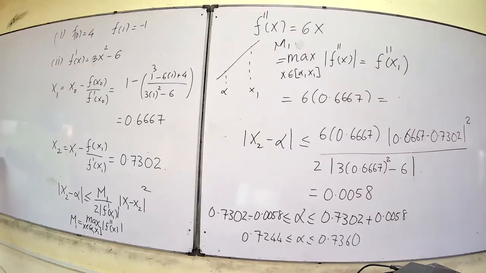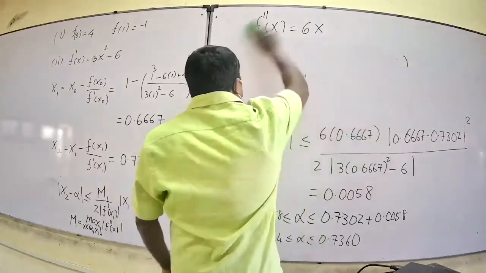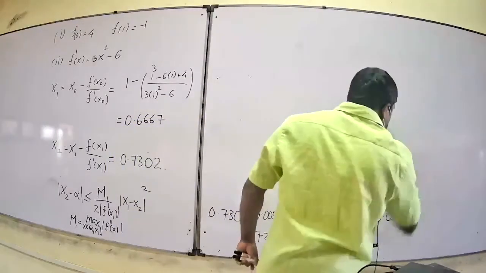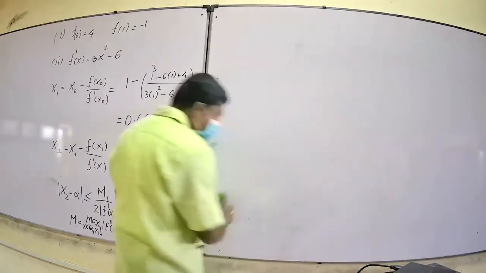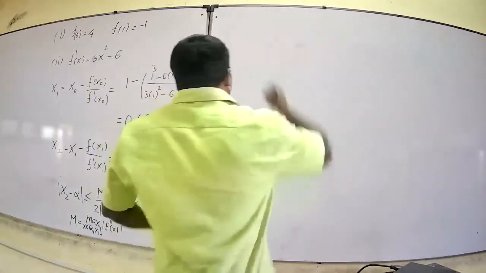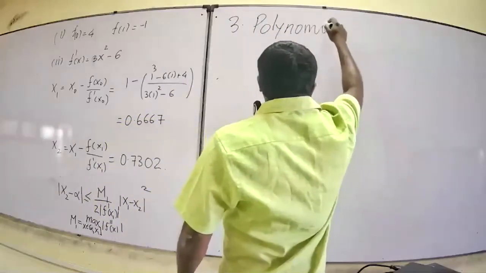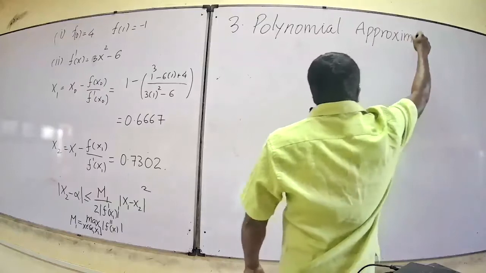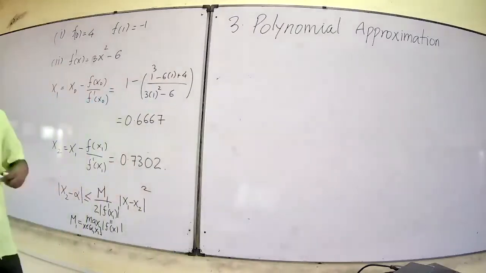So now let's move to chapter 3. Chapter 3 is about approximating by a polynomial. Chapter 3 is about polynomial approximation.